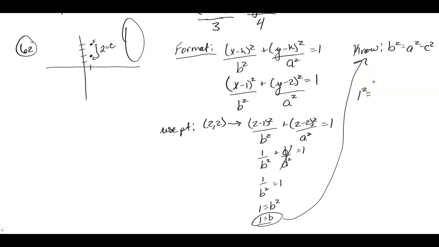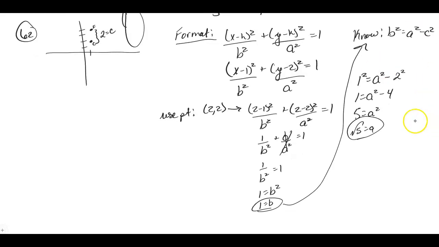And now that I know that, I can use this information. So I know 1 squared equals a squared minus c squared. Our c was 2. So 1 equals a squared minus 4. And then we're going to add 4 to both sides. So 5 equals a squared. So square root of 5 is equal to a. So we've got all this information.